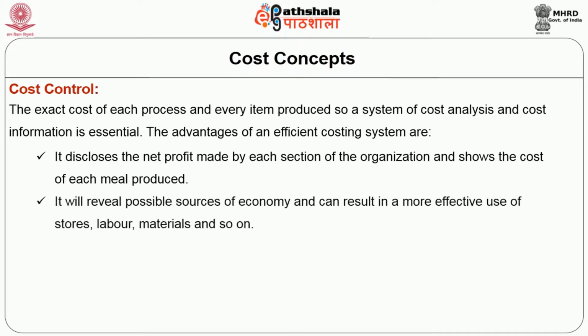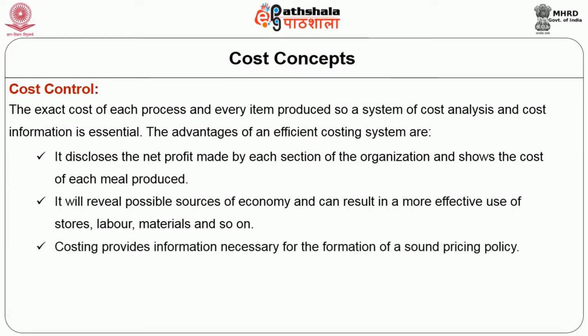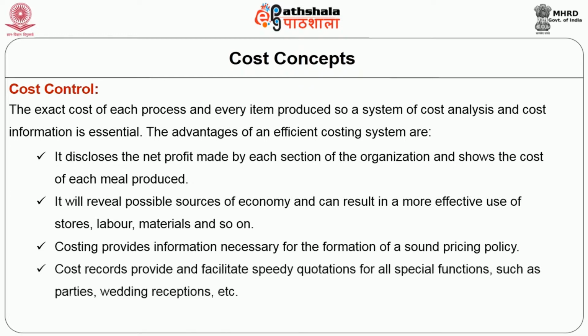It will reveal possible sources of economy and can result in a more effective use of stores, labor, materials, and so on. Costing provides information necessary for the formation of a sound pricing policy. Cost records provide and facilitate speedy quotations for all special functions such as parties, wedding receptions, etc. It provides a budgeting tool.